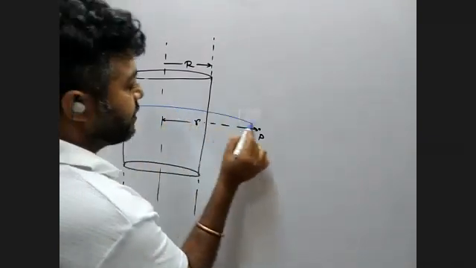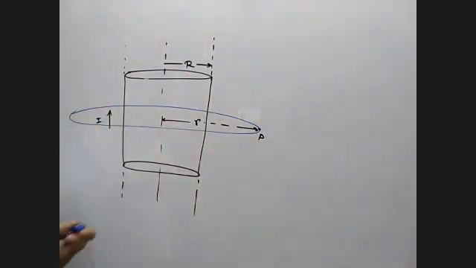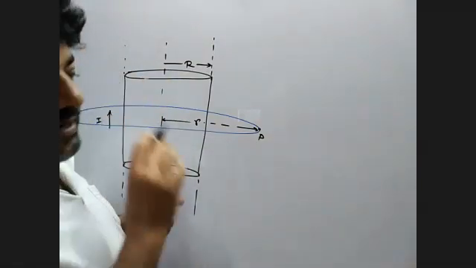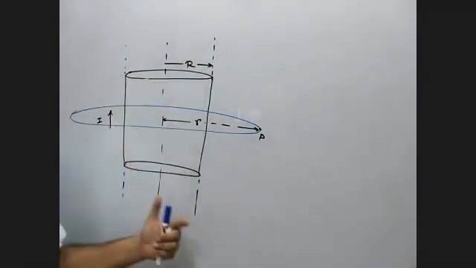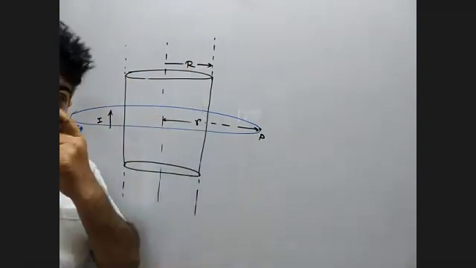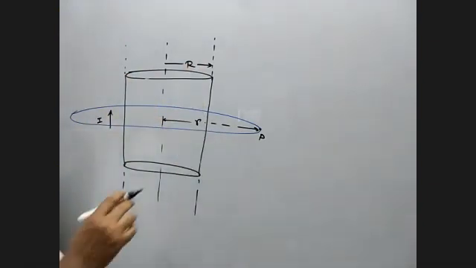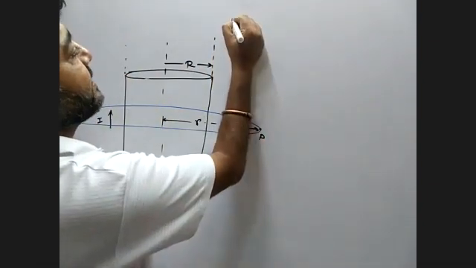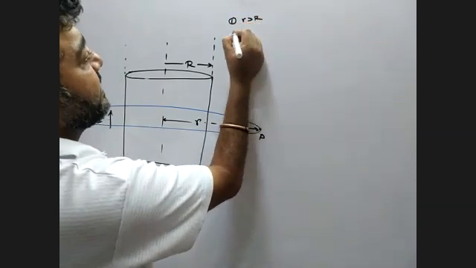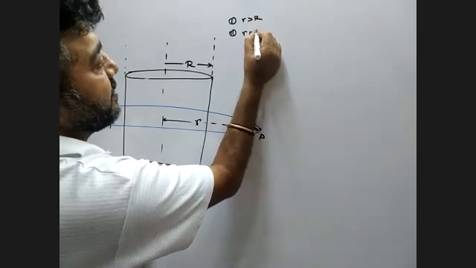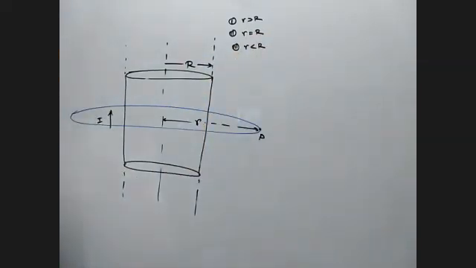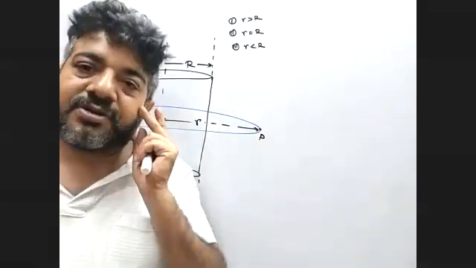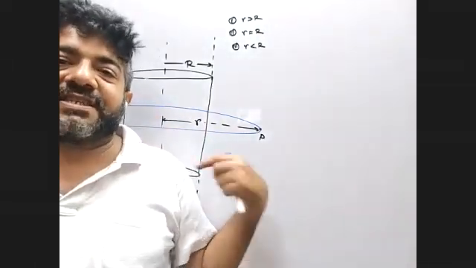So the question is: due to an infinitely long current carrying hollow cylinder whose radius is R, find the magnetic field at point P, which is at a distance number 1, small r greater than capital R, number 2, small r equal to capital R, number 3, small r less than capital R. I think you remember the same type of thing in Gauss's theorem also: outside the surface, on the surface, inside the surface.